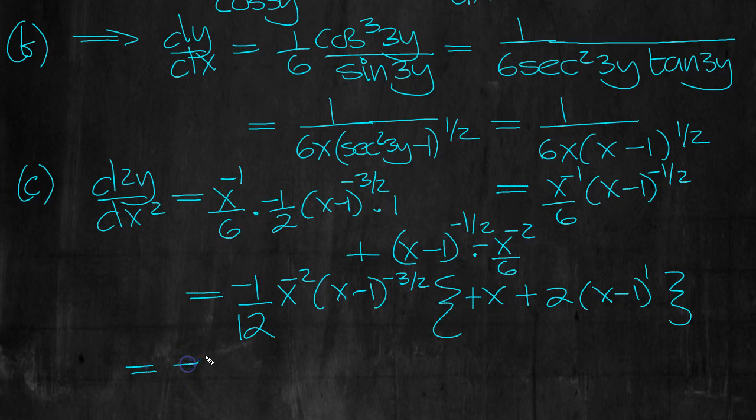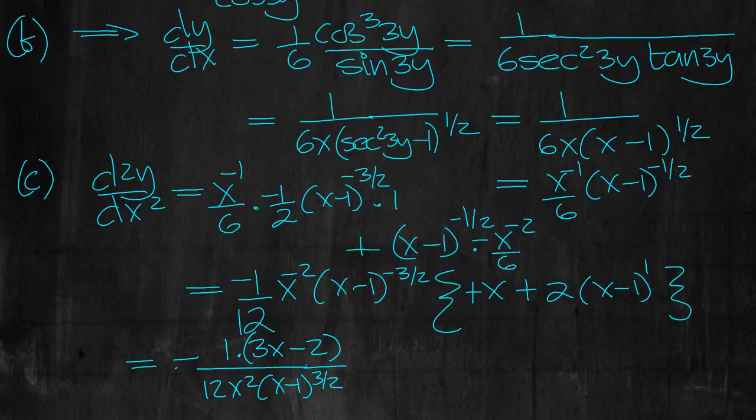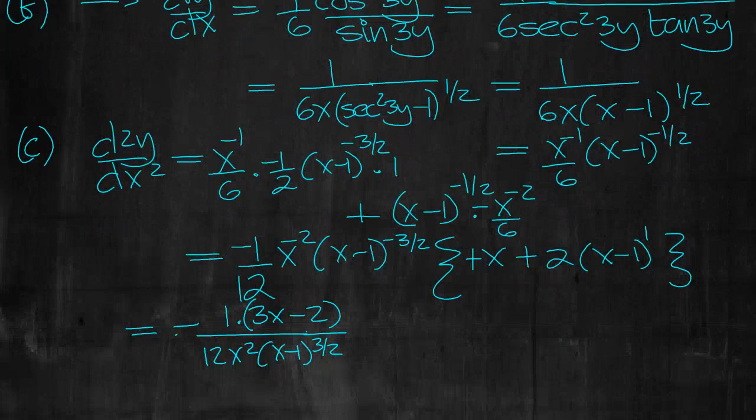So that's equal to minus 1 over 12x squared, x minus 1 to the 3 over 2. And on top we've got 2x, we've got 3x. 2x and x is 3x minus 2. And that's what we've got on top. So there's our d2y/dx squared in terms of x.